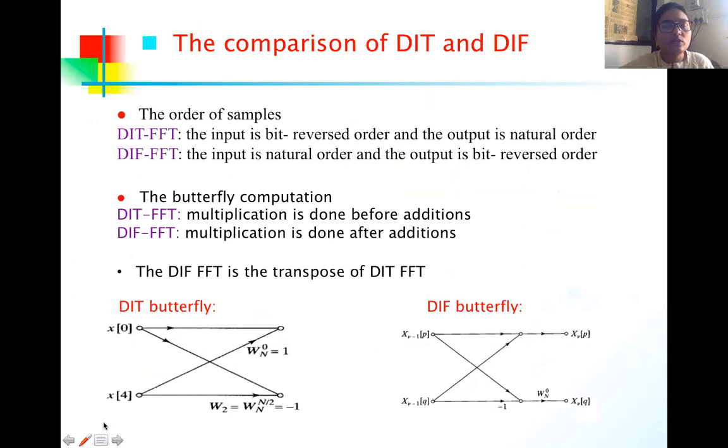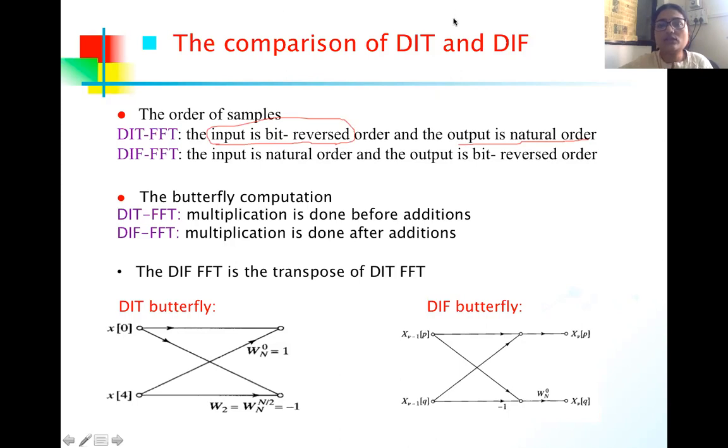What we have observed in the DIT algorithm is that the input is in the bit-reversed manner, whereas the output is in the sequential order, or the natural order. The order will not change for the output in the DIT algorithm, but the input is reordered. So this is the first differentiation point between DIT and DIF.